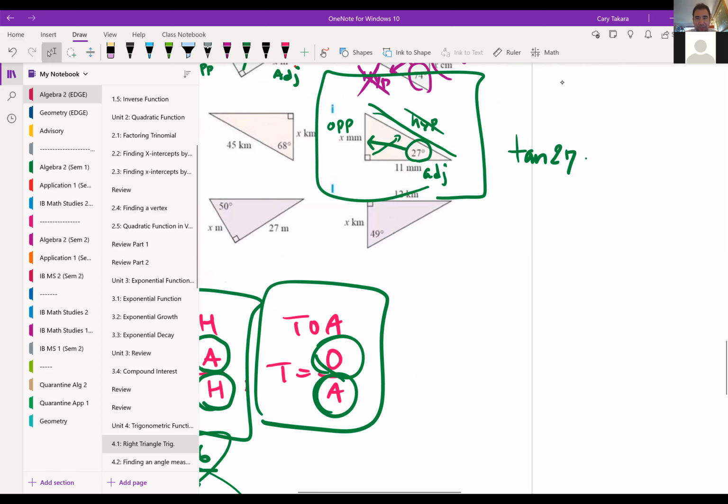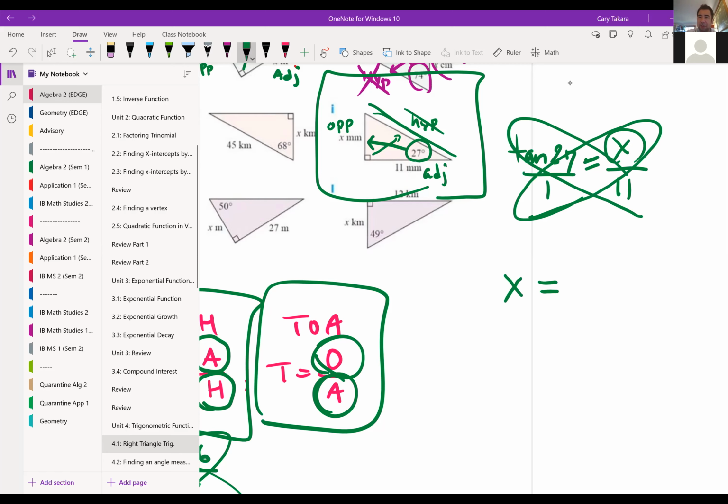Tangent of 27 equals opposite, which is x, over adjacent 11. You see that? Now this time, x is on the top, which is actually an easy one, right? So you cross multiply, 1 times x is just x, equals tangent of 27 times 11, okay? And so if you do that, you should get about 5.6.